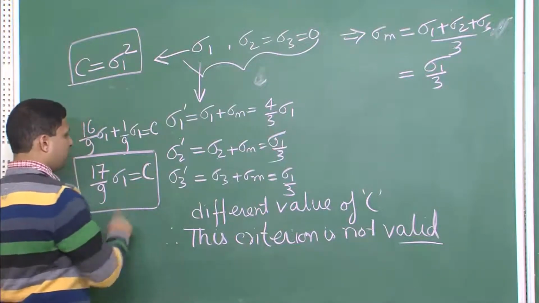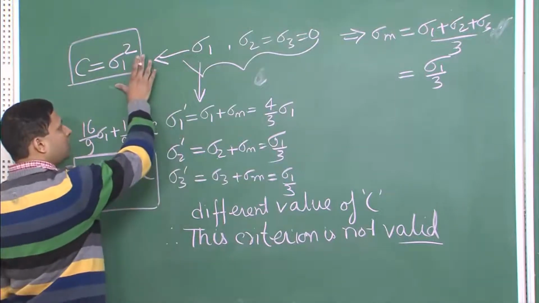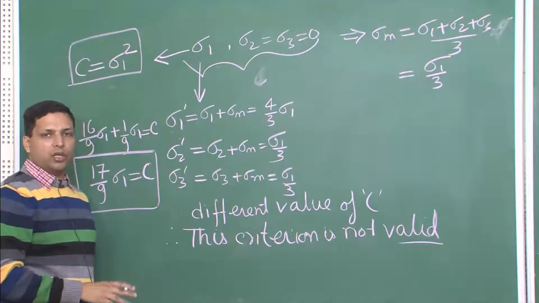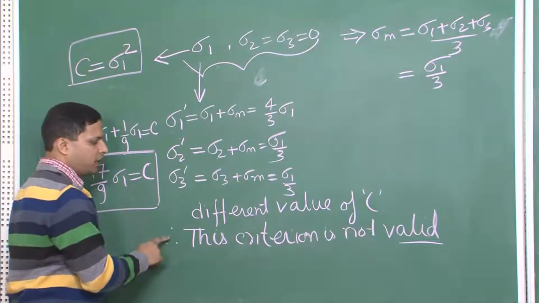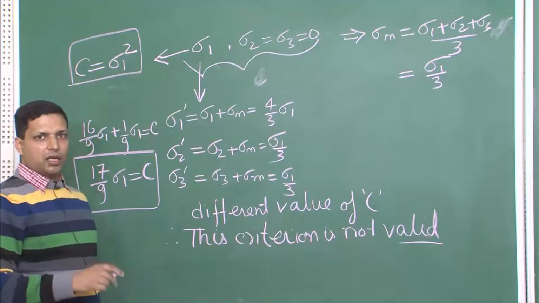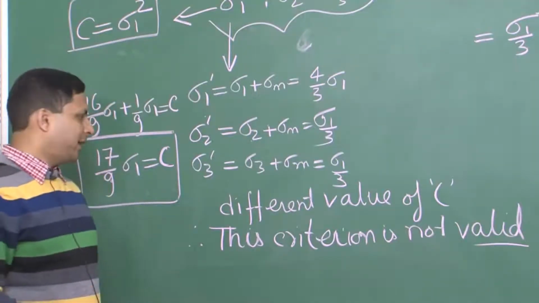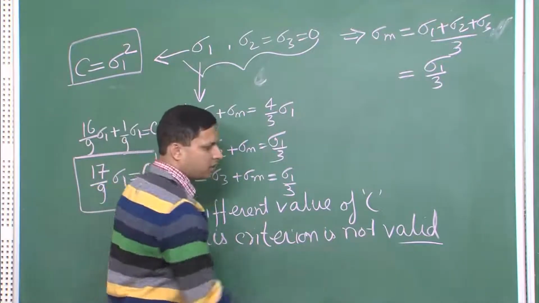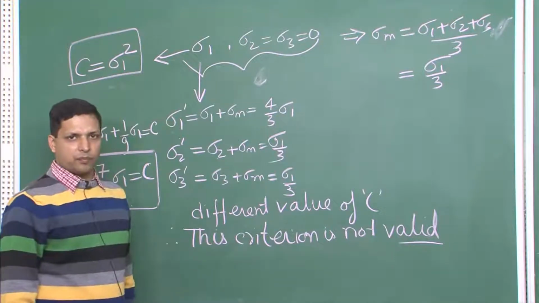We get a different value of C. Now, a different value of C means that here the yielding will take place at a different value, meaning the onset of yielding is getting influenced by hydrostatic stress, which is not possible. Our assumptions categorically stated that hydrostatic stresses cannot influence yielding, and therefore, this cannot be true, and therefore, this criterion is not valid. So, that is the logic why we are rejecting this.